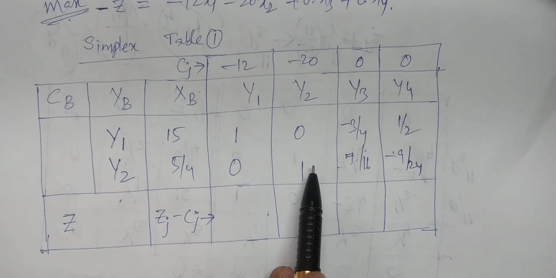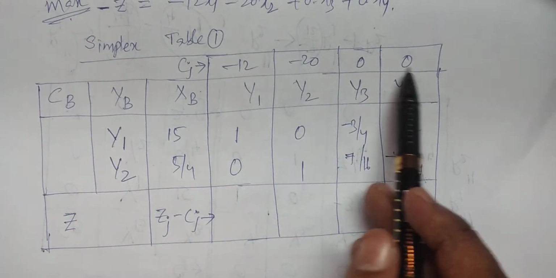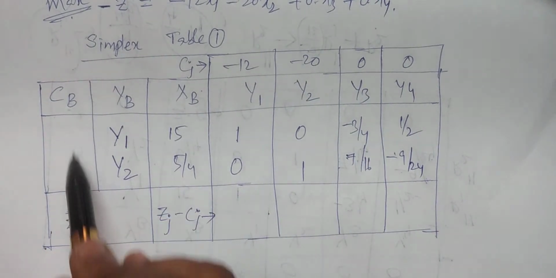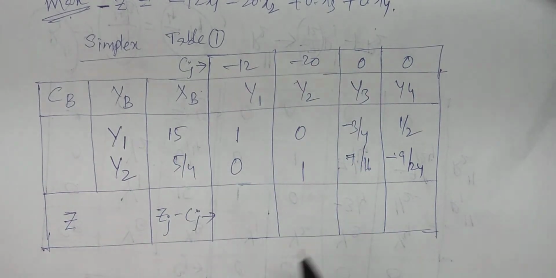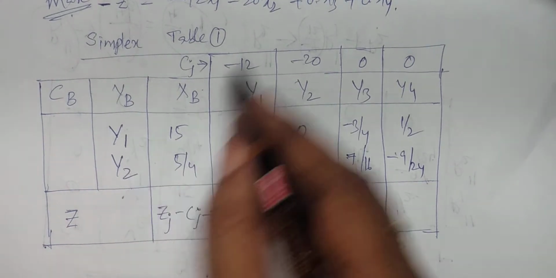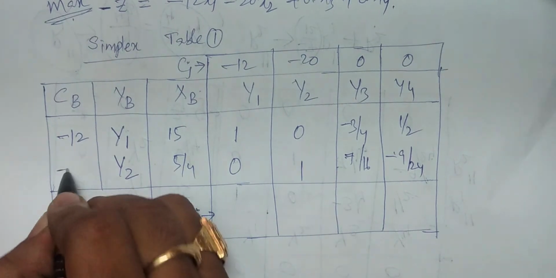You have to consider it as the first simplex table of phase 2. But what are the changes? Cost. Remember, only the cost. That is the reason why I did not fill CB. So the only change from the last simplex table of phase 1 to the first simplex table of phase 2 is the cost: y1 and y2 get the original costs, y1 is minus 12 and y2 is minus 20.